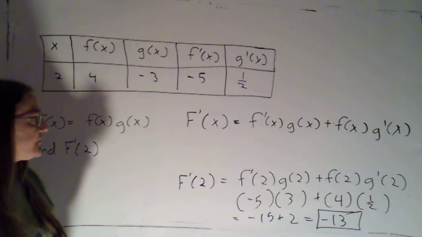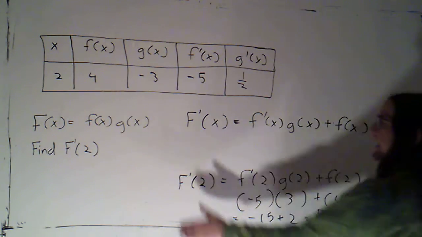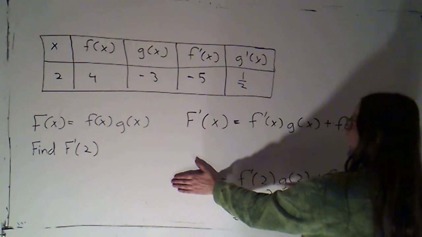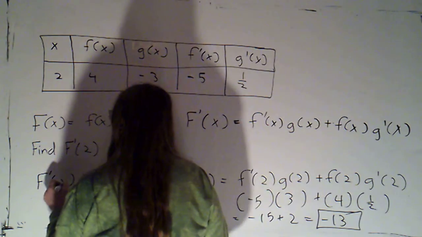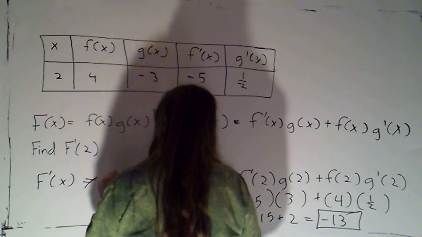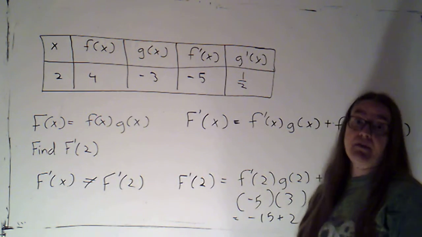Too often, what I see is that people write this, and without writing this, they then write that it equals this. But f prime of x, the function, does not equal f prime of 2, the number. They're not the same thing.